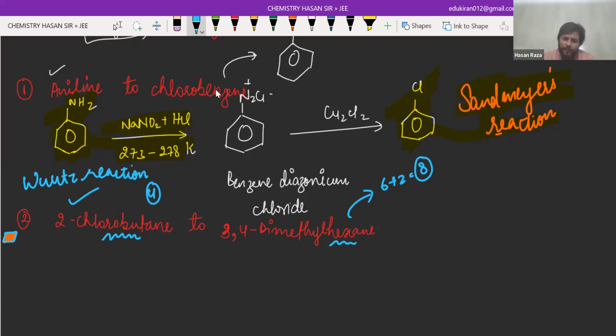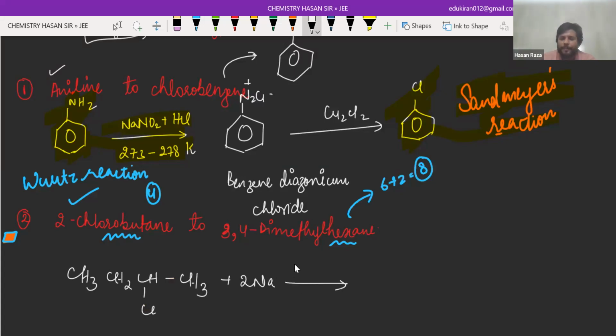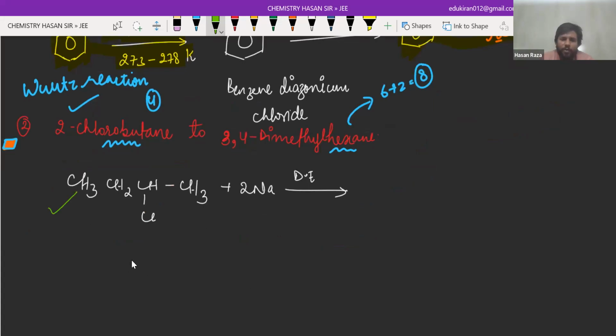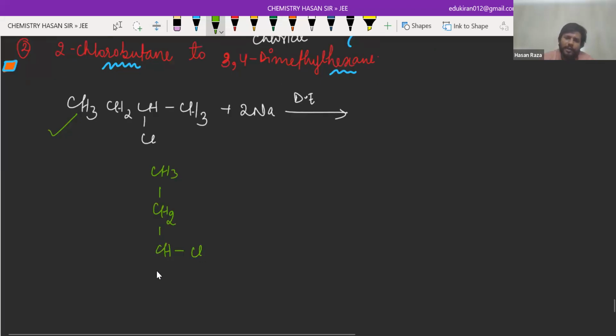What you need to do? Very simple. Very good, Tharif. So 2-chlorobutane. What I'm going to do is write this CH3, CH2, and then comes your CH, and then there is Cl, and then there is CH3, reacting this with 2 sodium in the presence of dry ether.